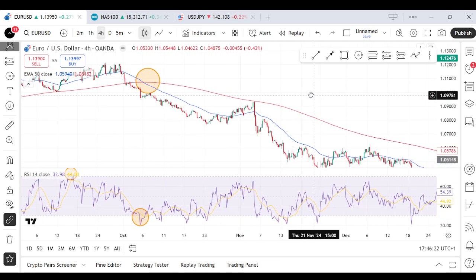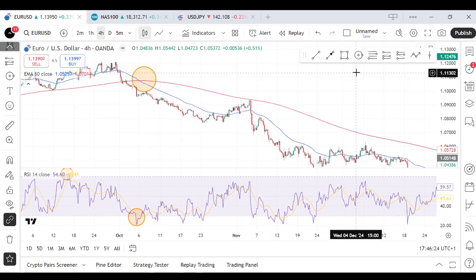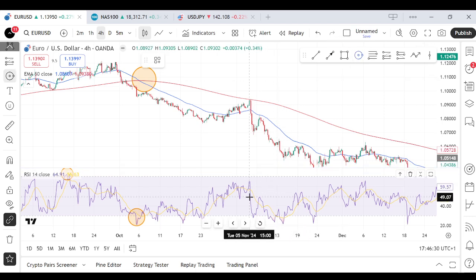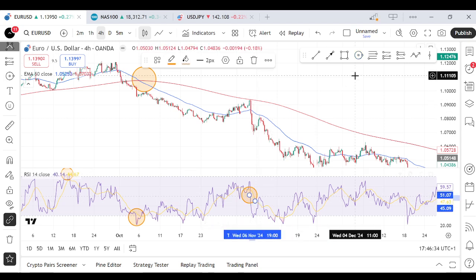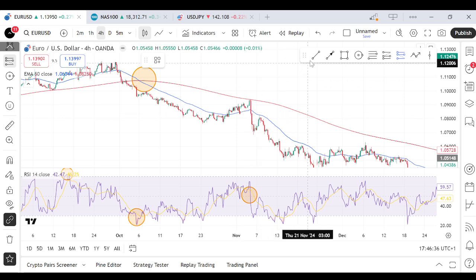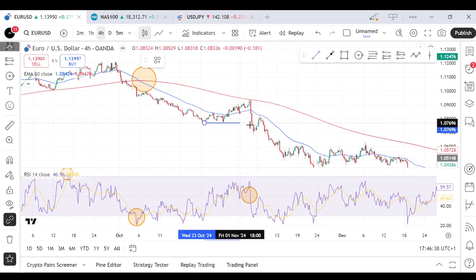Remember, our entry strategy is to wait for a pullback, and after we have our pullback, we can then enter our trade. And you should also confirm the RSI falling from above 50 to below 50. We also have that here. So we're just looking to take our sell trade as price broke through this level.